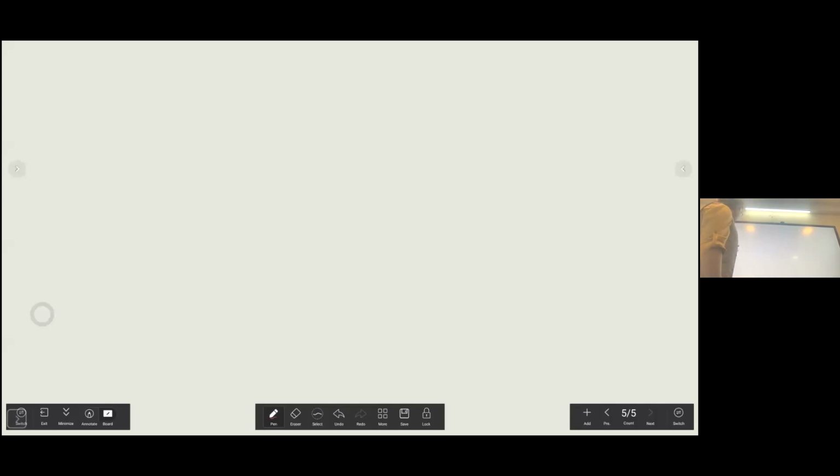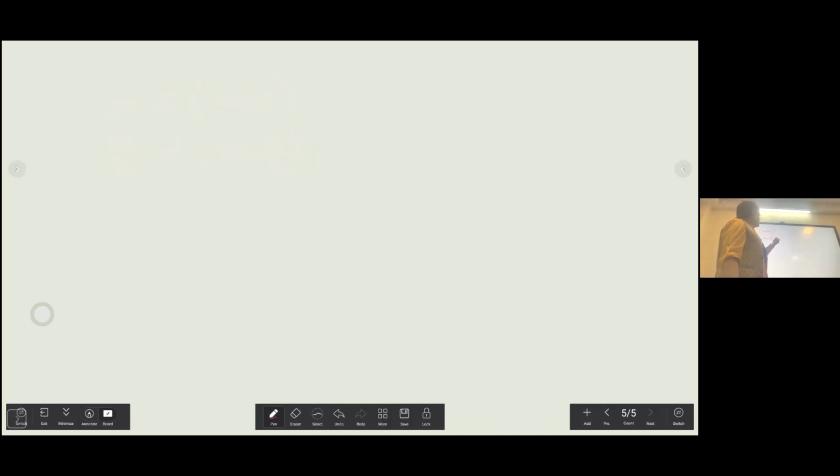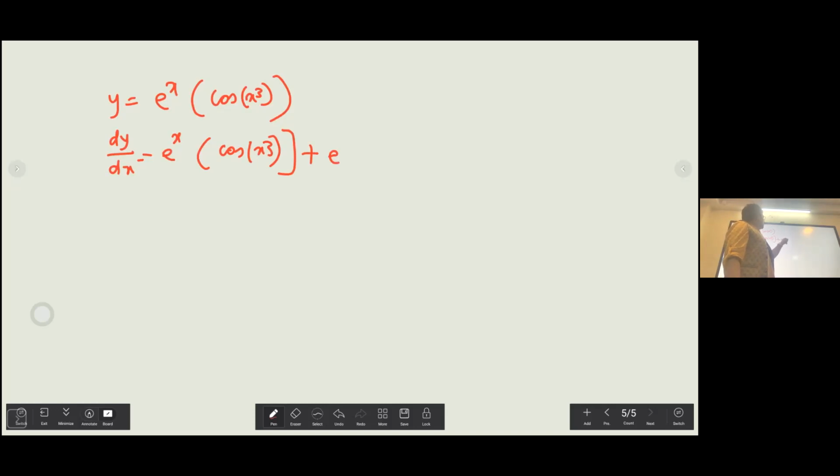So the next one is y equals e to the power x cos of x cube. So basically now here what we have to do is dy by dx will be the product rule along with the chain rule on this. So it'll become e to the power x cos of x cube into, plus e to the power x as it is.